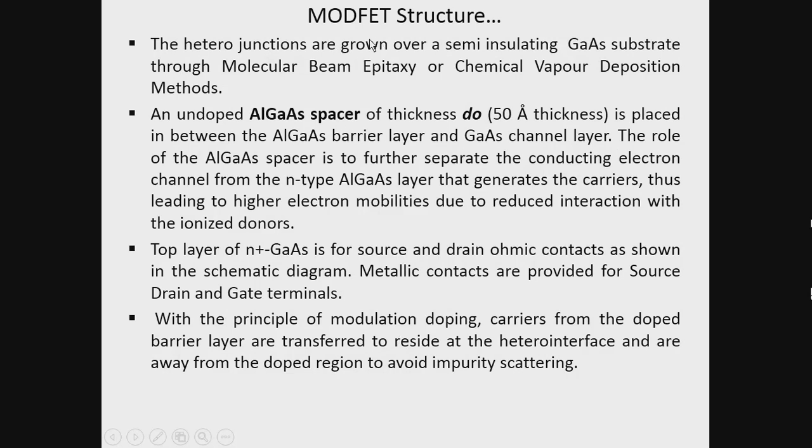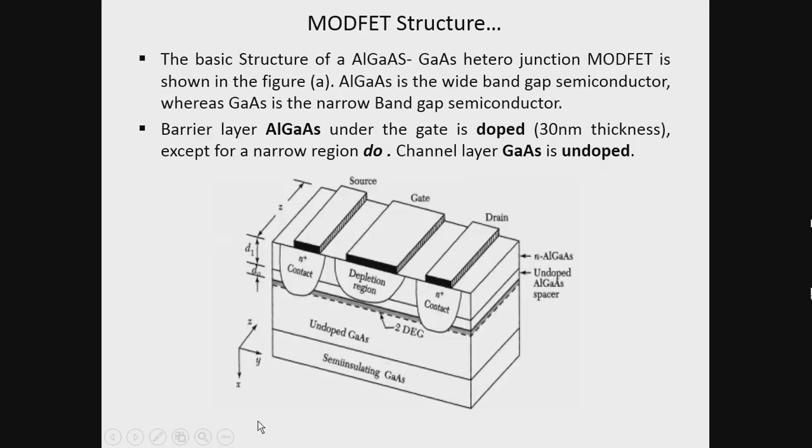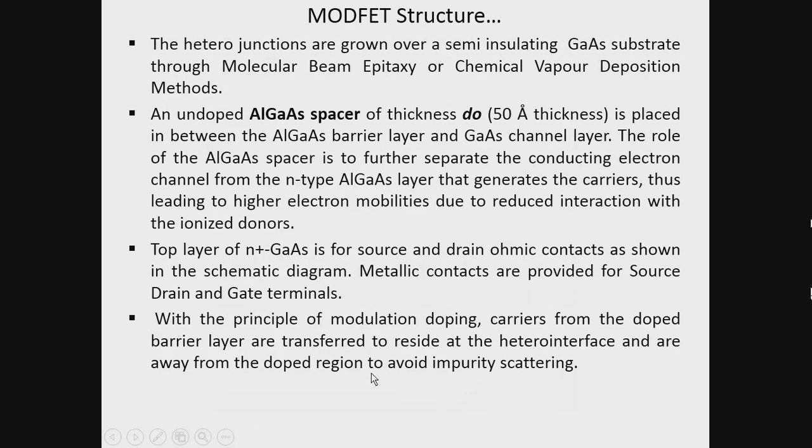The heterojunctions are grown over a semi-insulating gallium arsenide substrate, what we have seen here, and that is done through molecular beam epitaxy or chemical vapor deposition methods.